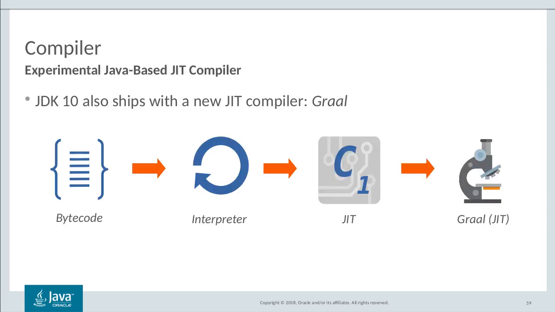The other new feature in JDK 10 for the compiler component is that a new JIT compiler is introduced, namely Graal. So in JDK 10, you can choose to have a compilation setup utilizing the interpreter, C1, and then replacing C2 with another JIT called Graal.